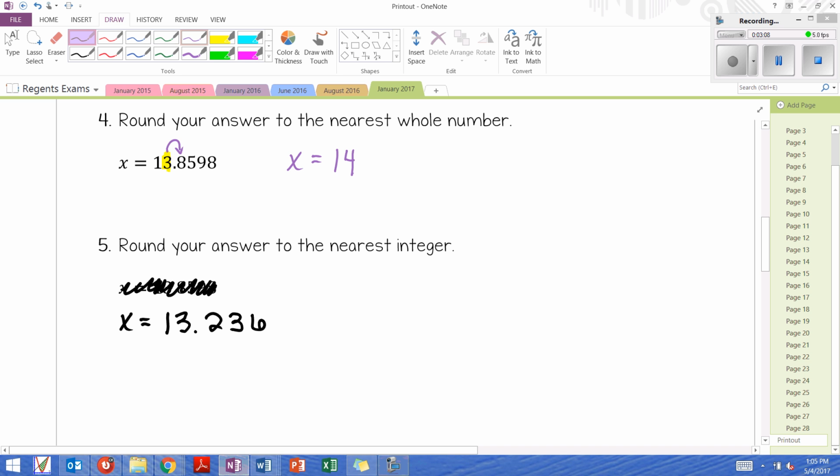If we're rounding to the nearest integer, that again means get rid of decimals, because integers are positive and negative whole numbers. So the 3 is the same thing as in question 4, and in this case I'm not going to round up, I just leave it as 13. Those are the basic types of rounding questions.